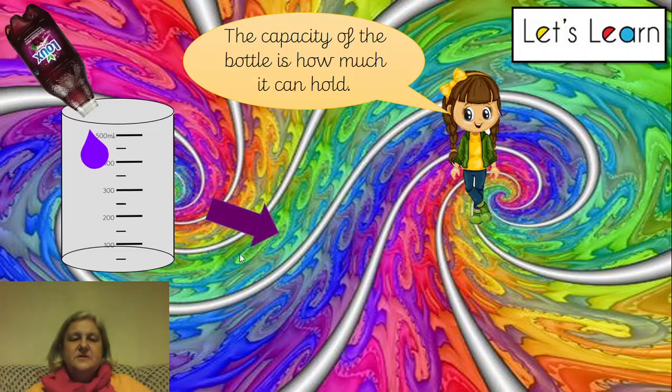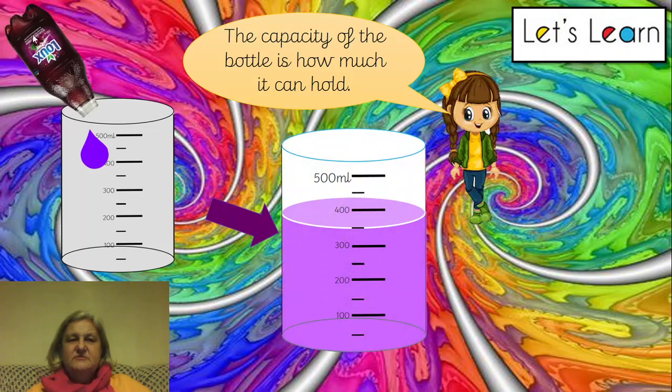So here's our measuring beaker, and we imagine we put that all in and it's filled up from the bottom and it's reached this mark here. So this is the capacity of this bottle. This volume here, the amount of liquid that's in this beaker, is the same as the capacity of this bottle.